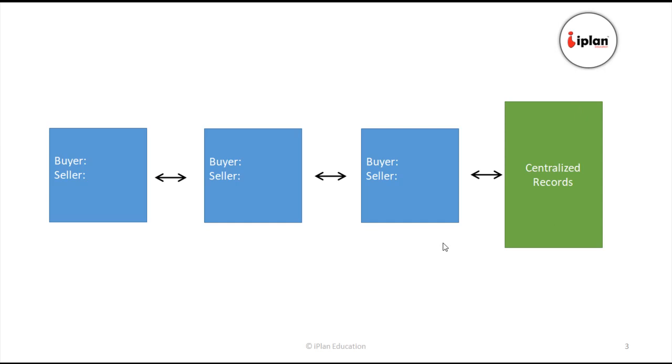It's not easy to claim, but you can dispute the property. So if the centralized records are manipulated, things can go wrong because the copy of the record is only with the government. That is a problem here.